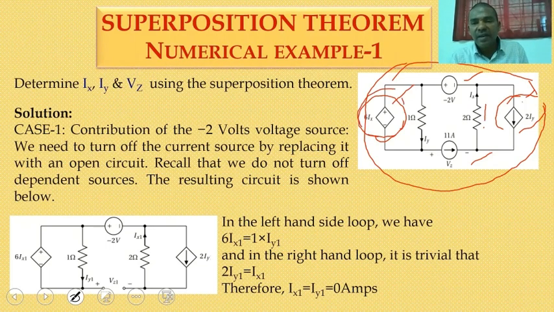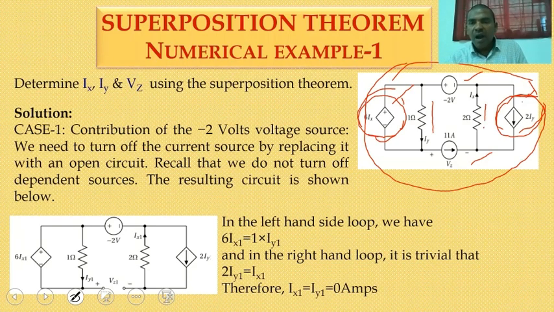That's why you can call it a dependent source. Similarly, the current source 2Iy depends on the current of the 1 ohm resistor. If the Iy value varies, the current source value automatically varies.